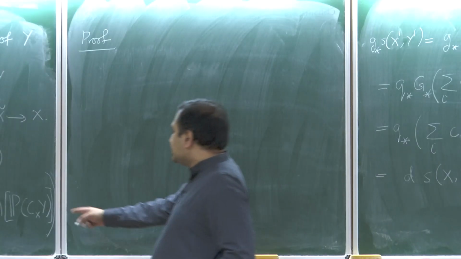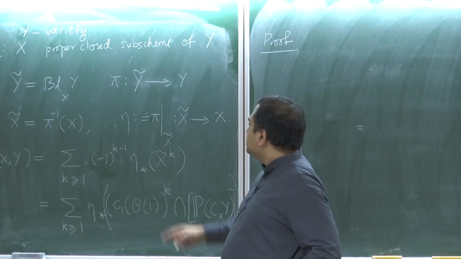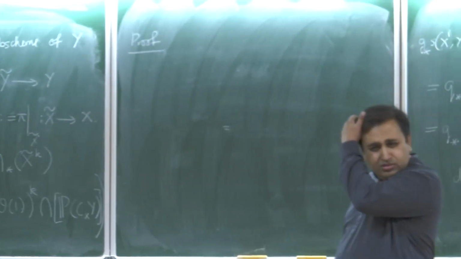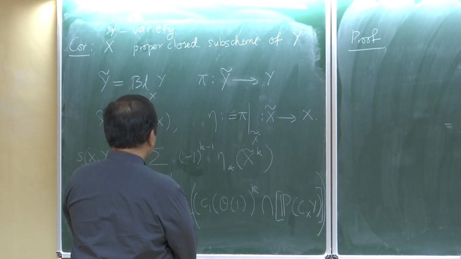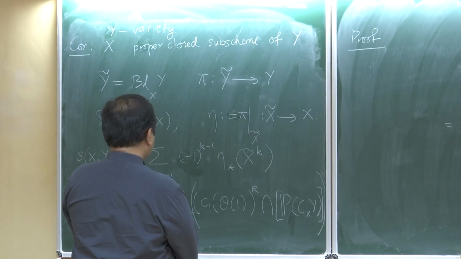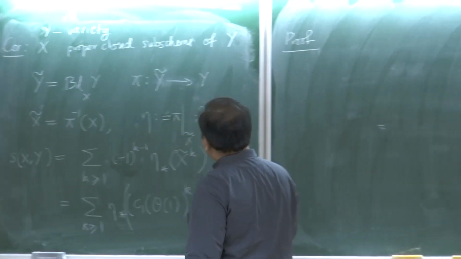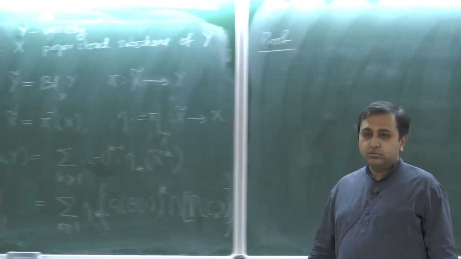This seems kind of familiar, but let's just talk about the first one. How do you get there? Well, P of C, so this is actually X tilde, isn't it? Yeah, X tilde.